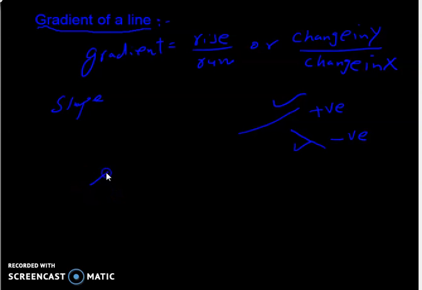Now, symbolically, what is the meaning of change in y? Let's have a look at this line. To move along this line, definitely it is a steep line, so there will be the change in x as well as change in y. Whenever we have to consider the change in y while finding the gradient, change in y will be equal to the final value of y, final y minus initial y.